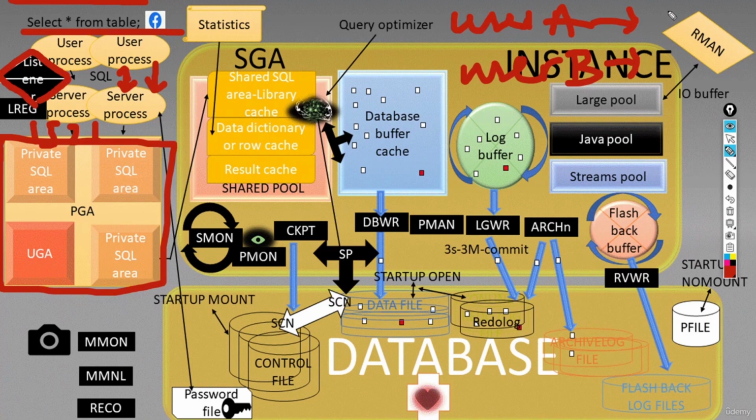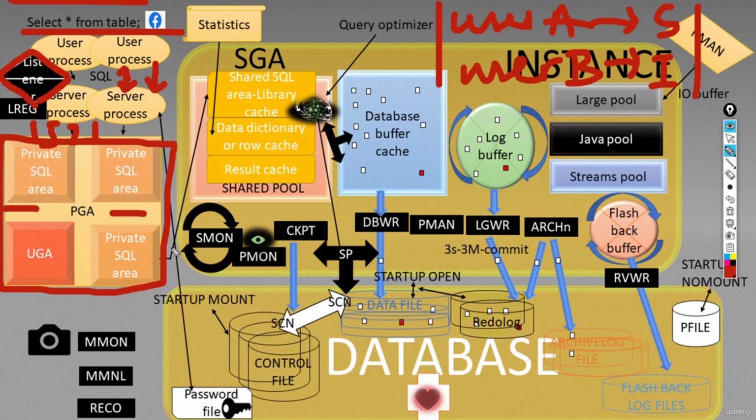Consider user A is executing a select query and user B is executing an insert statement. In this case both are different, right? So all this session related information should be stored somewhere in the database and needs to be identified by Oracle database. All those private session related information will be stored in the private SQL area.